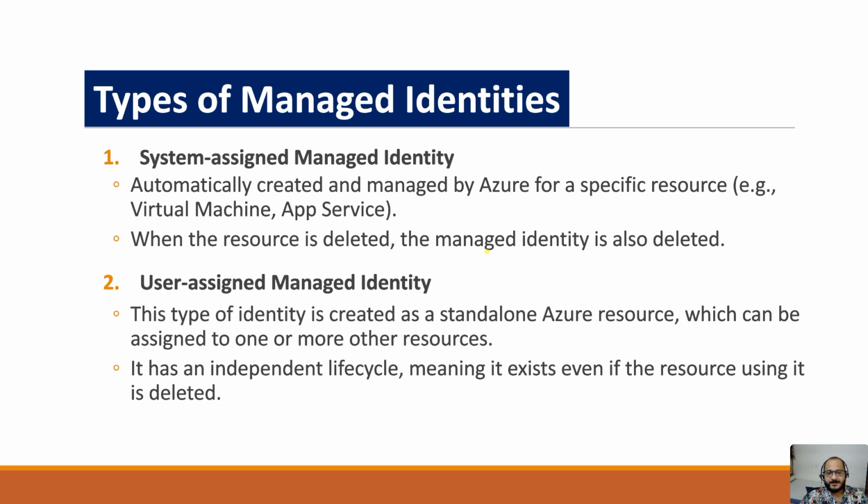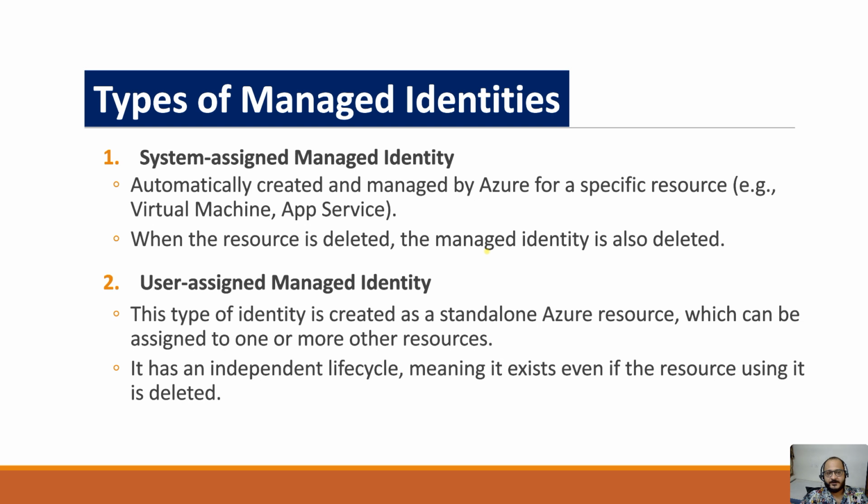And the second is user assigned managed identity, where the end user creates a user managed identity, and that managed identity can be used in multiple resources and multiple services. Because this is not managed by Microsoft, you have to manage this managed identity. So you have the choice.